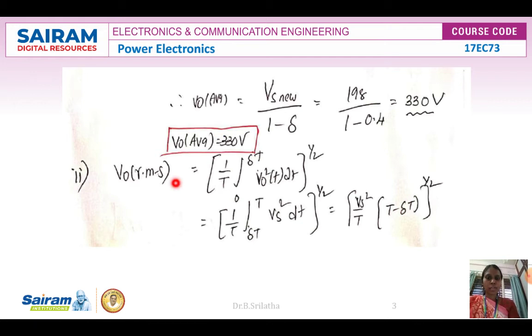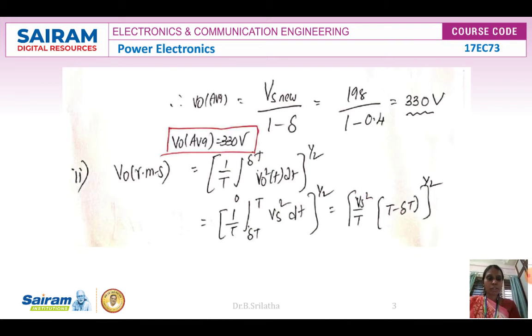Now V naught RMS. If we know it, we can write it, otherwise we will derive it once again. V naught RMS is equal to square root of 1 by T into integration 0 to delta T of V naught square dt. Now V naught square is nothing but Vs square, which is constant, so we can take it out of the integration. So Vs square by T into integration of 1 dt.